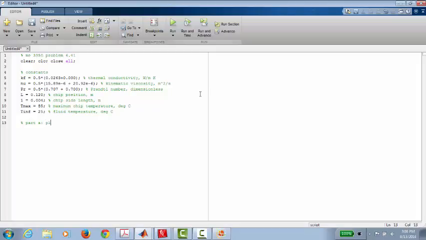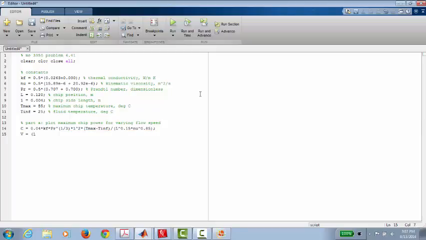So for part A, we're going to plot the maximum chip power for varying flow speed. To do that, let's define a coefficient of everything that was in the brackets from what I showed you earlier. And then we'll write our range of flow speeds.